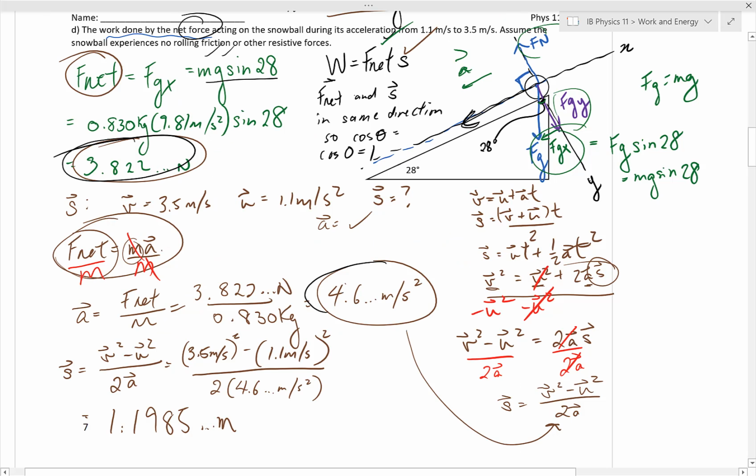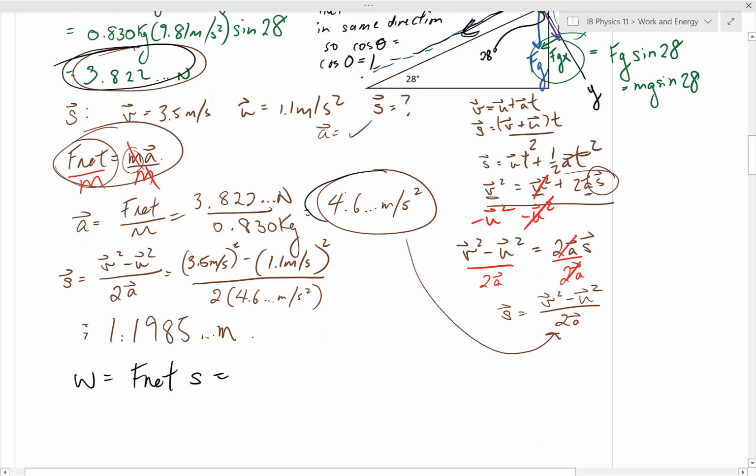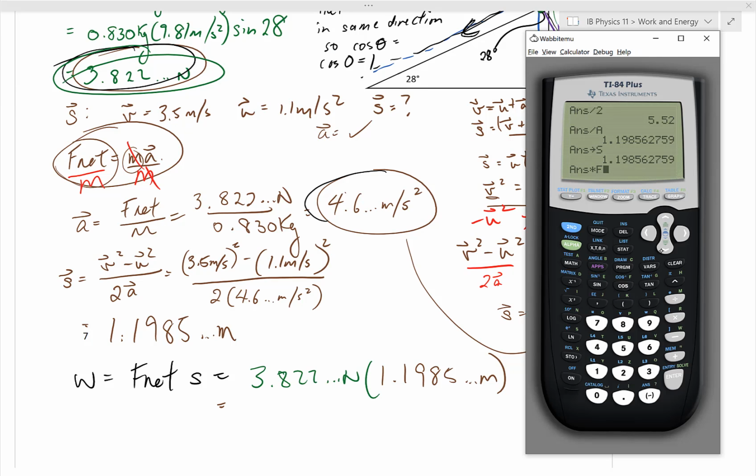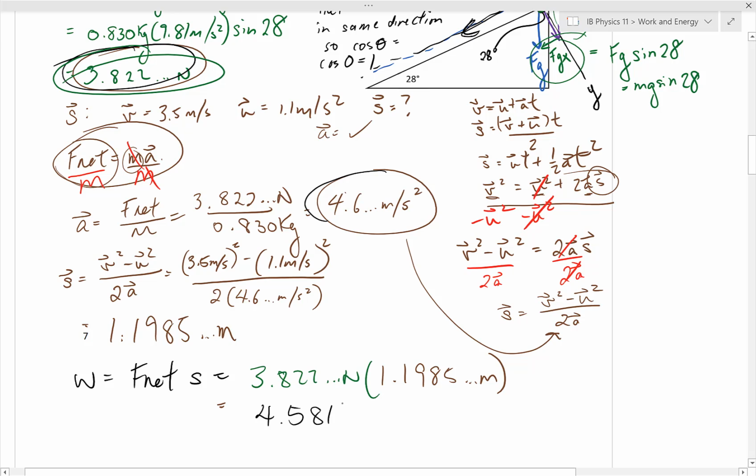Okay, now we have the displacement as well. We can go ahead and calculate work, in which 3.822 is our Fnet, and displacement is 1.1985. We get 4.5816, which we are going to round to 2 sig figs, 4.6 joules.